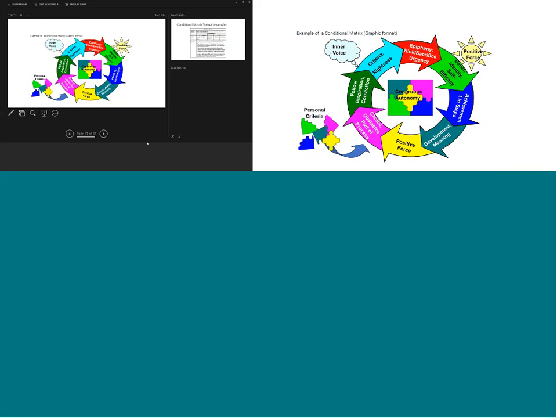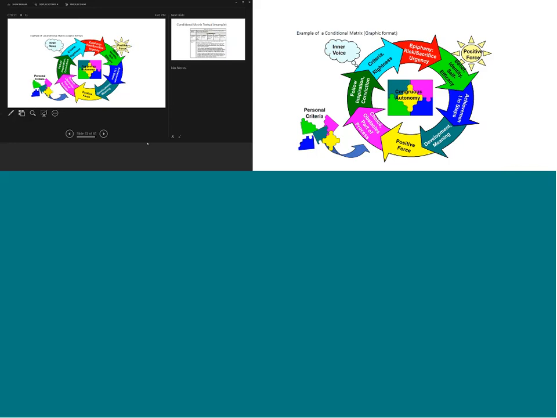So now this is another example of her conditional matrix. She took all those elements, and what she was really coming to as the theory that was trying to emerge was this notion of congruous autonomy, that all her data was starting to find that these people become whole, that it feeds them.